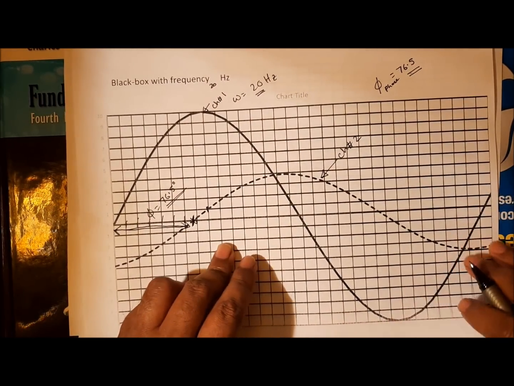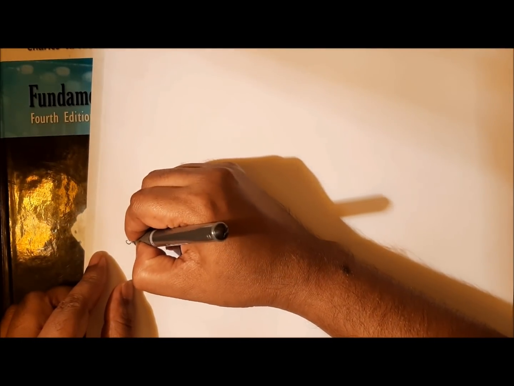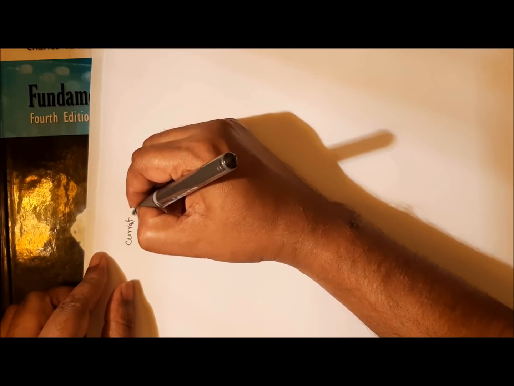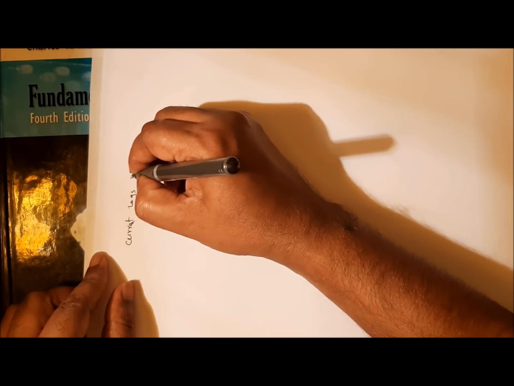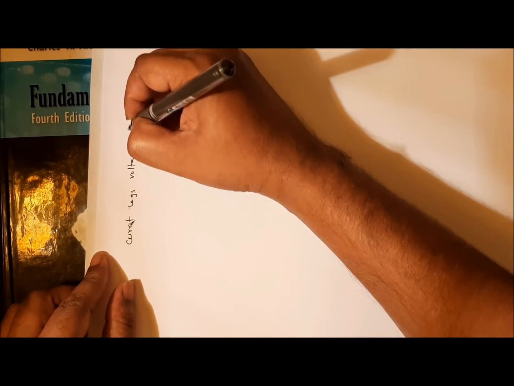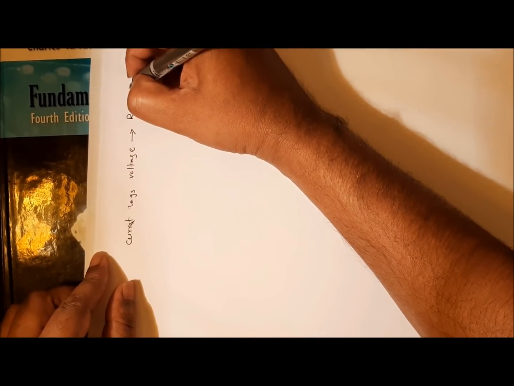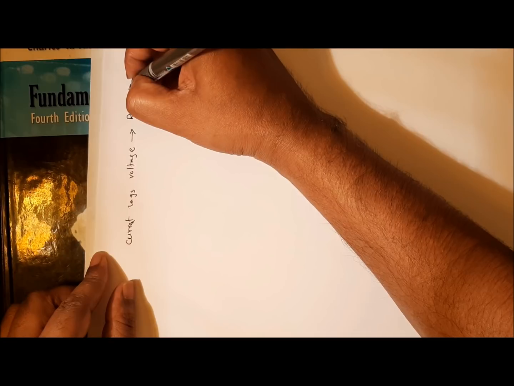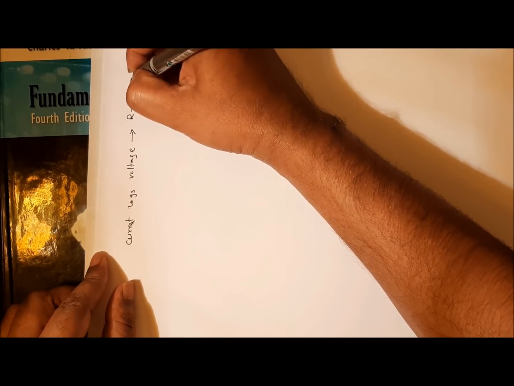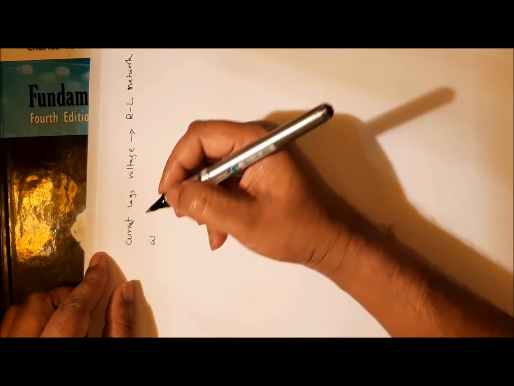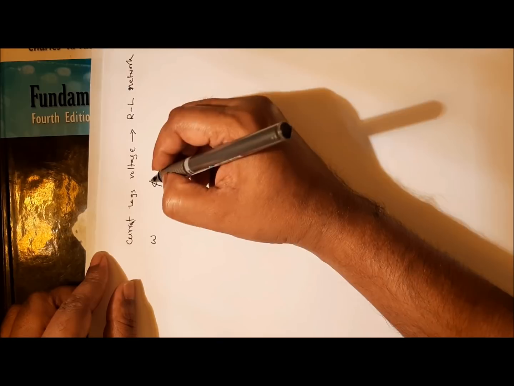So we can conclude that at first we found that current lags voltage, so RL series network. Now we see the frequency and phase relation.